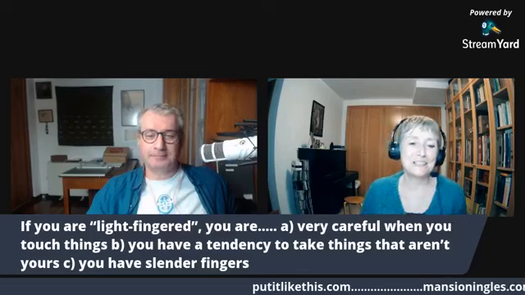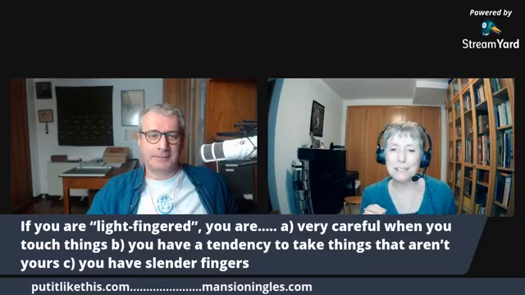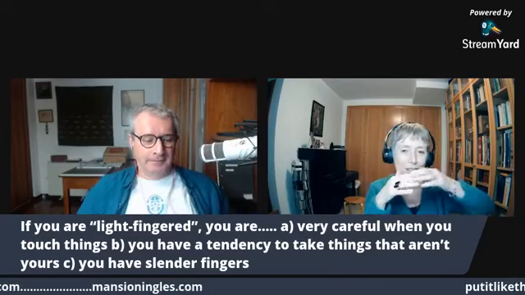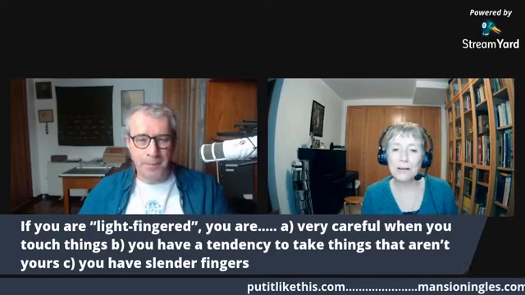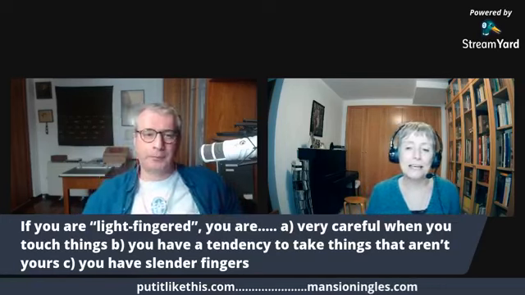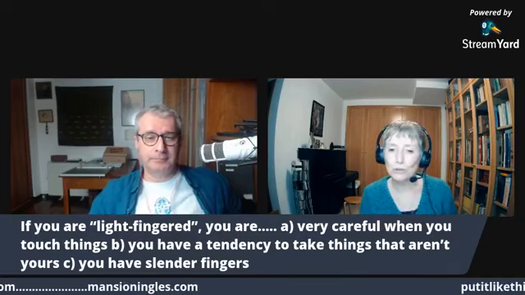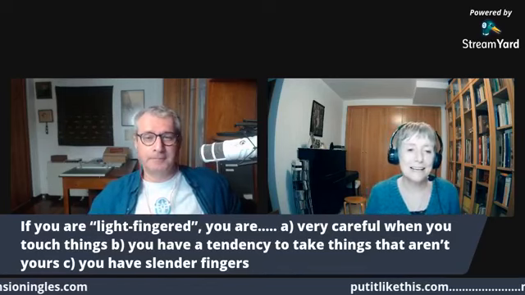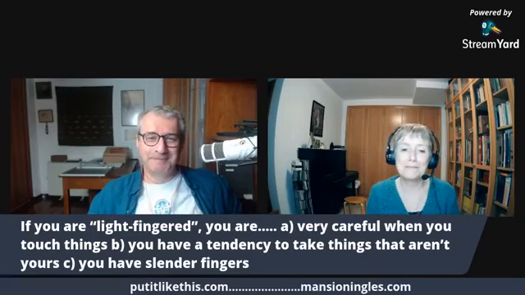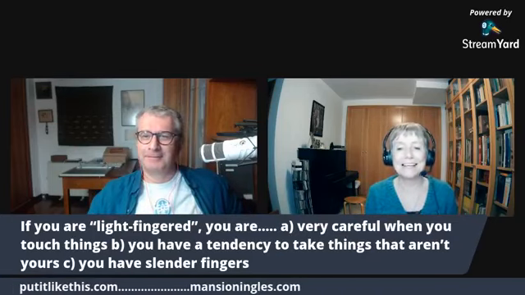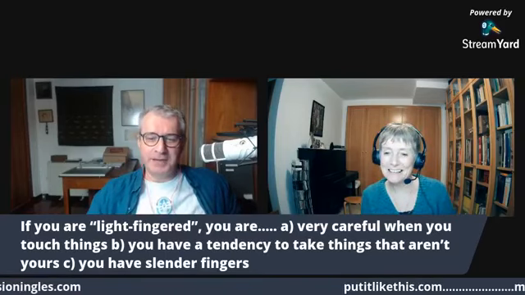Next one. So this one is, if you are light-fingered, what does that mean? Remember, these are your fingers. Does it mean A, you are very careful when you touch things? Does it mean B, you have a tendency to take things that aren't yours? Or C, you have slender, thin fingers? Let's see if anybody can answer. Oh, difference of opinion this time.